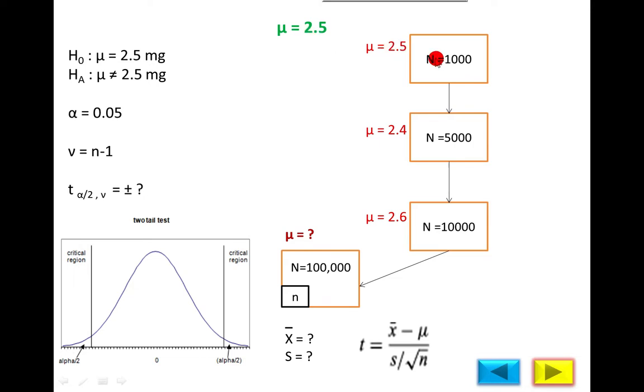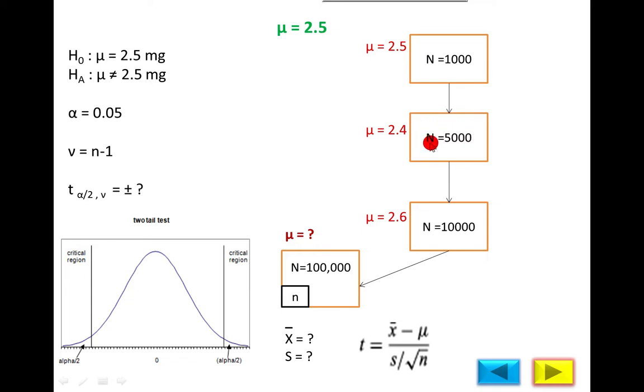So you can say there is no significant difference in this production, because you are calculating the weight of all 1000 tablets, not a single one. After 1 year, production increased from 1000 to 5000. This is also a very small production, so you can calculate the weight of individual tablets up to 5000, one by one.